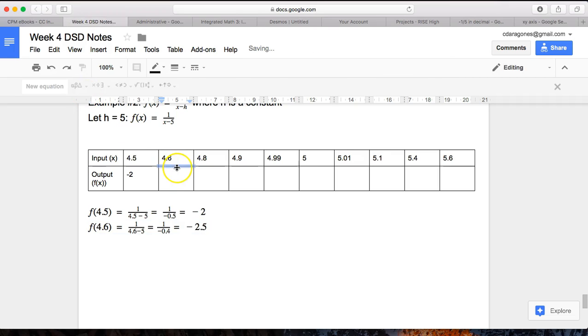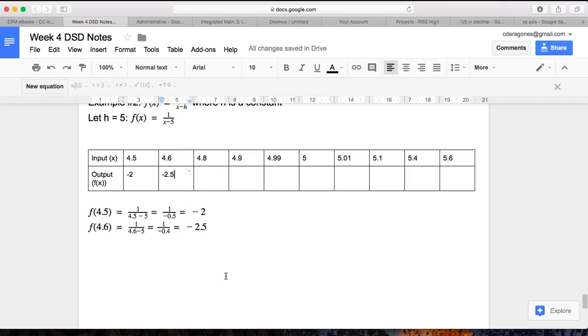So when our input is 4.6, our output is negative 2.5. Go ahead and finish this table by yourself. Pause the video while you complete the table, and when you're finished, keep the video going.